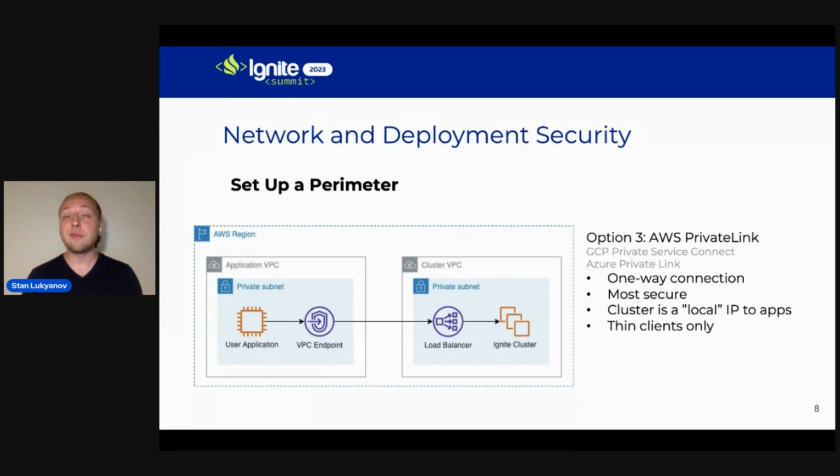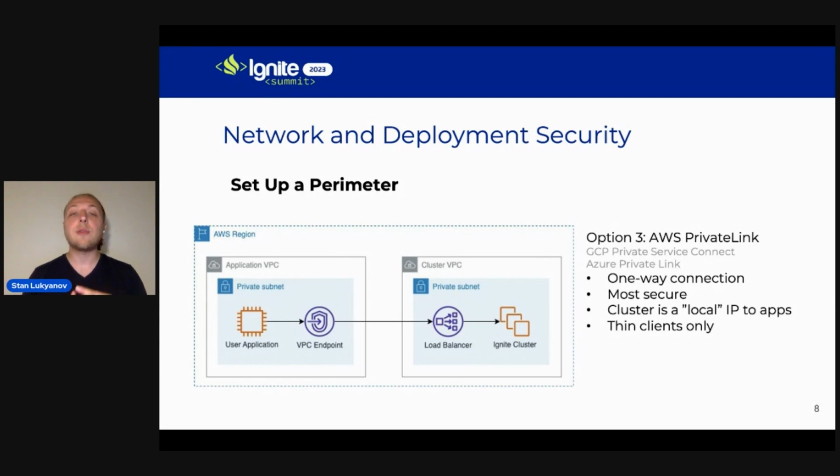And it is also probably the easiest one in terms of the network topology, especially for the application itself, because it sees the database cluster as essentially a local IP. So the application doesn't even know that it goes to another subnet. So address management becomes a bit easier. But the downside with this, with the current Ignite architecture, is that such connection allows only thin clients, only thin Ignite clients.